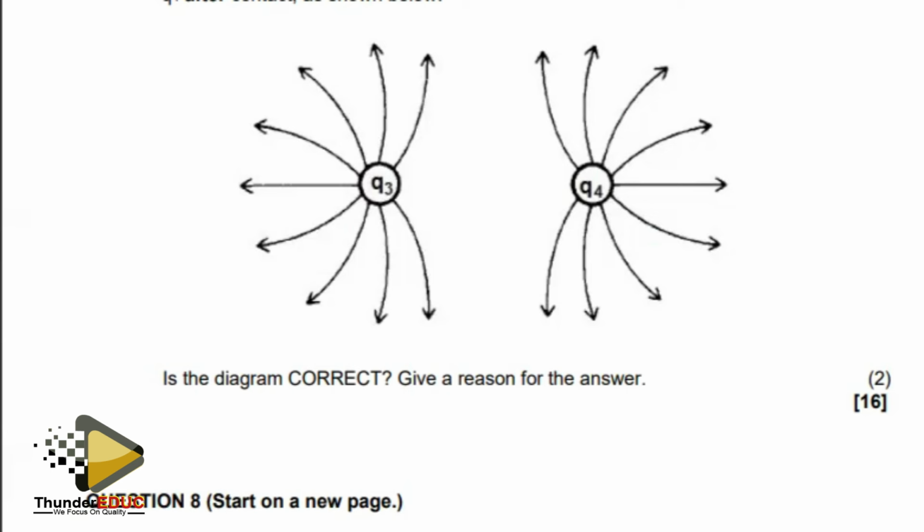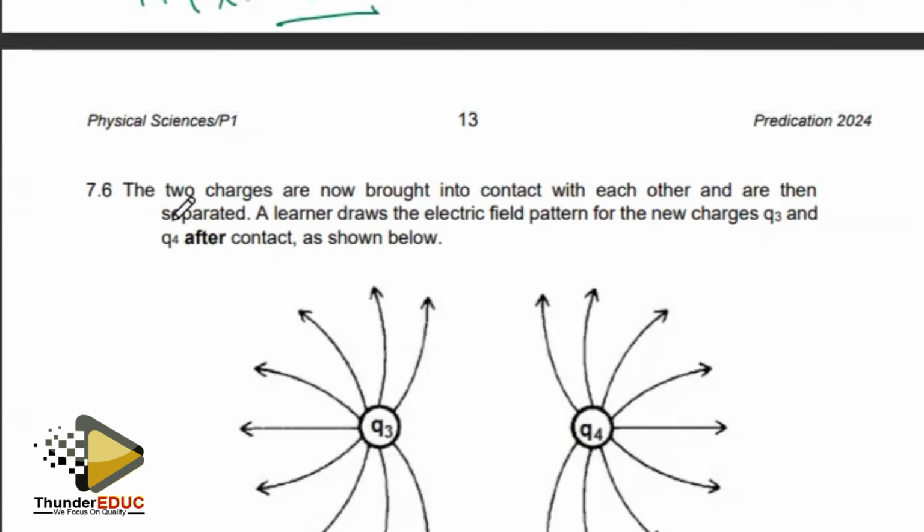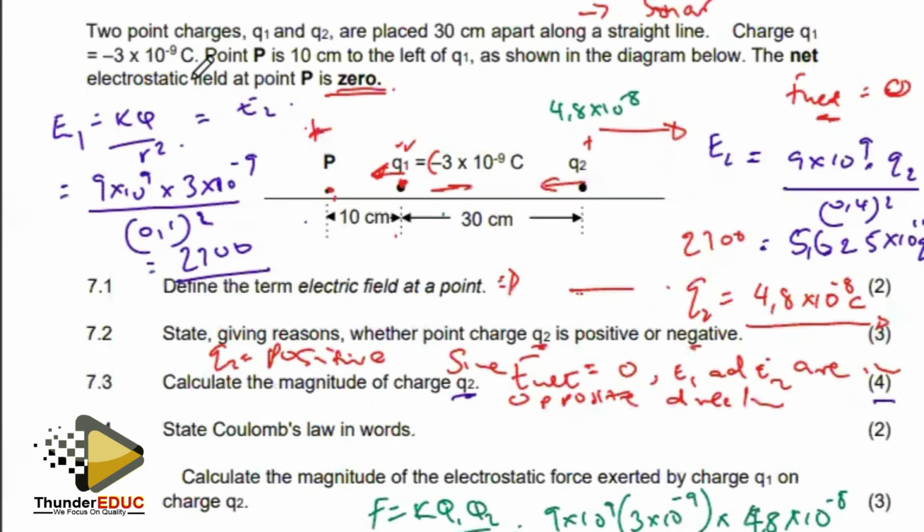The 2 charges are now brought into contact. So, is it still connected to this? Yes. This is a negative 3. This is a positive 4.8. Okay, so if you combine this, let me just be sure, 4.8 times 10 to the negative 8, I'm saying plus negative 3 times 10 to the negative 9.